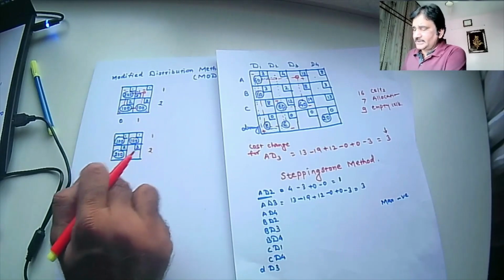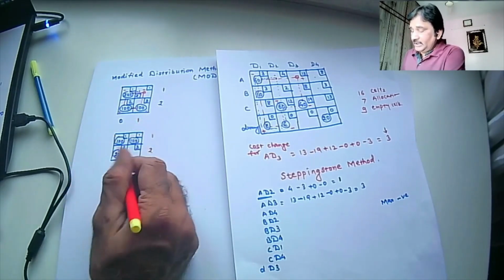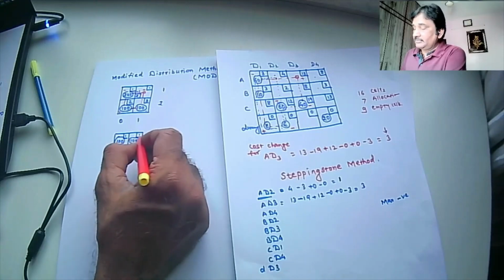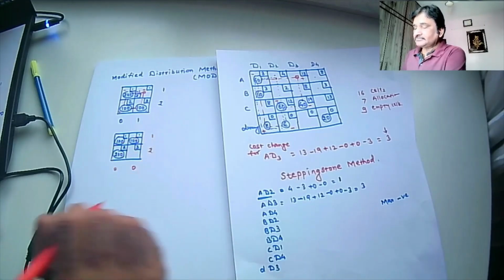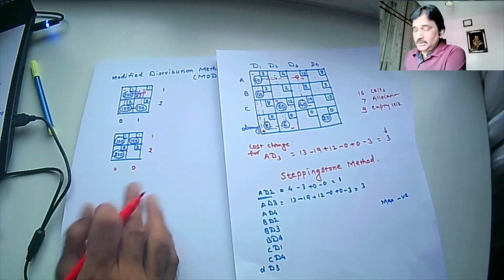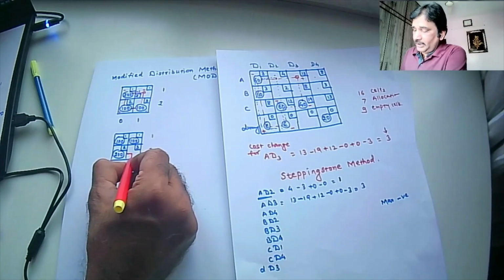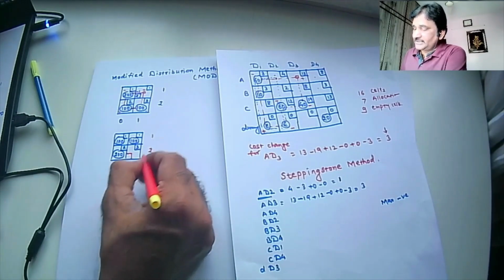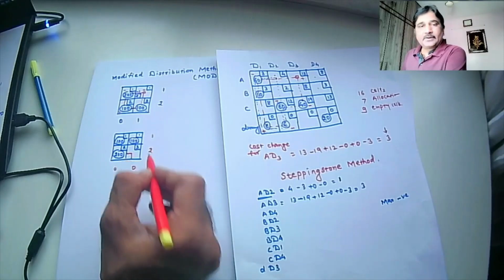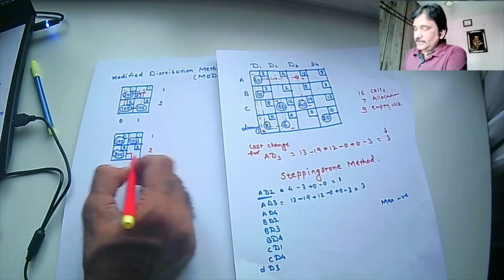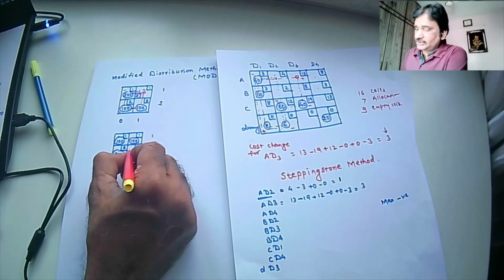Only from allocated cells I am finding it, and then from this number I get this column number, 1 minus 1, 0. Then in this corner I write the sum of the column number and row number. 0 plus 2, 2 here. Then 3 minus 2 gets you 1.